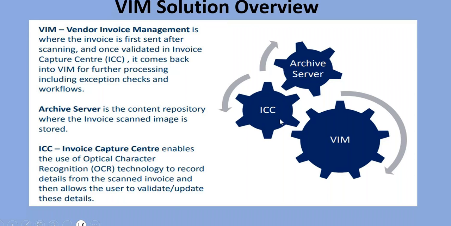ICC is a very old tool, and most of the clients now are using BCC or IES. BCC means Business Capture Center. The purpose is the same. They are all doing the extraction only, but these are the latest versions. IES is Information Extraction Services.